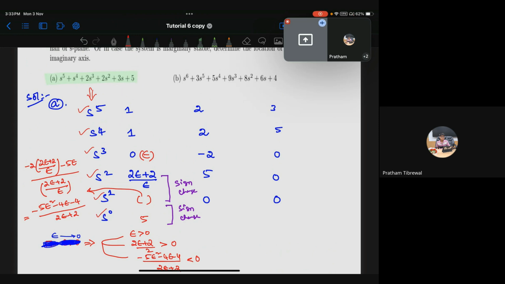Then we write the coefficients in the first two rows. S power 5 coefficient is 1, s power 4 coefficient is 1, s cube is 2, s square is 2, s is 3, and s power 0 is 5. Is this clear? Any doubt?